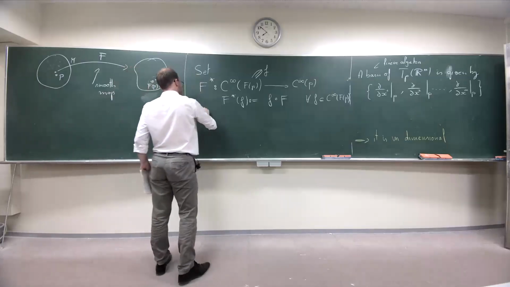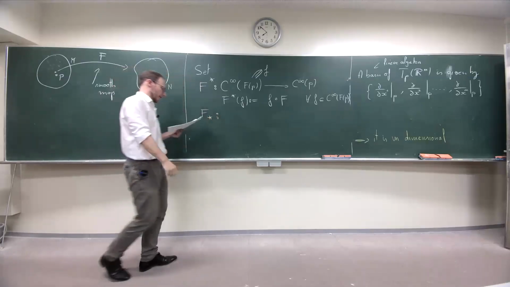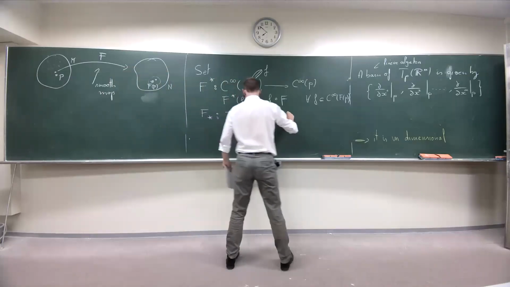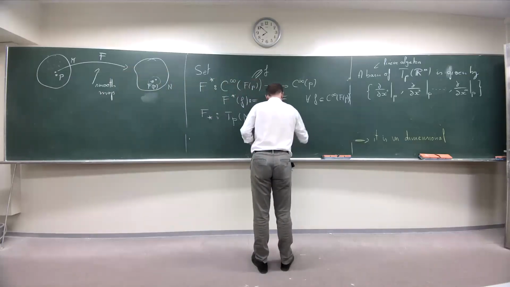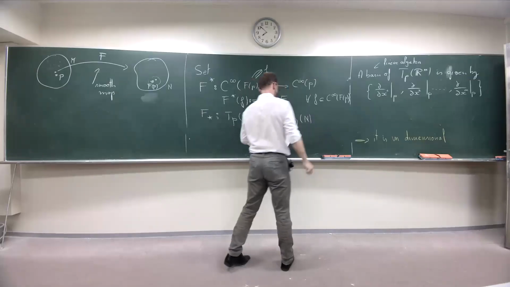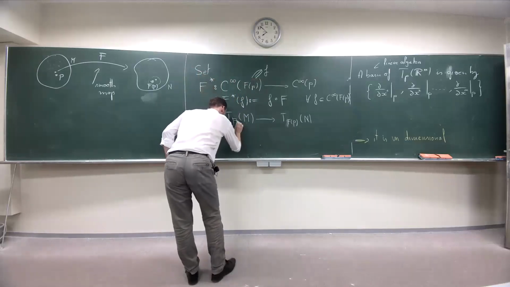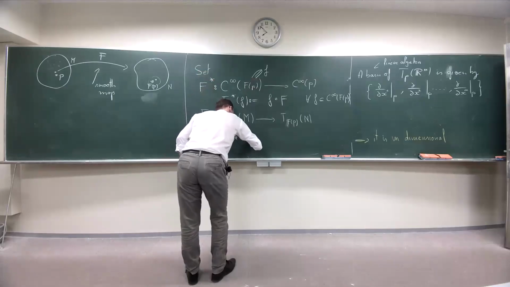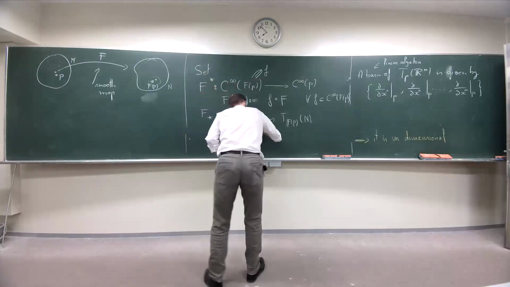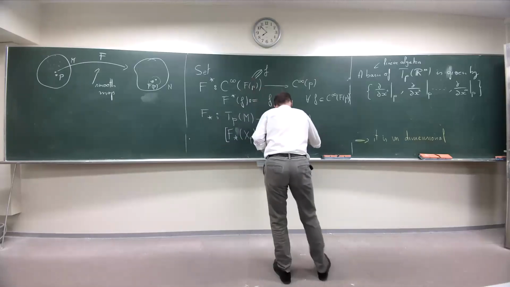And the second one, be careful, it's with a lower star, from T_p M to T_F(p) N. I need to give you F star of X_p evaluated on f, and that is its definition.